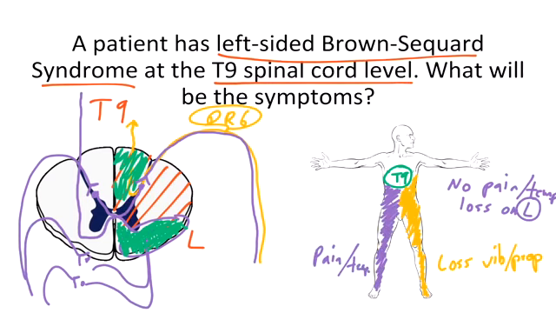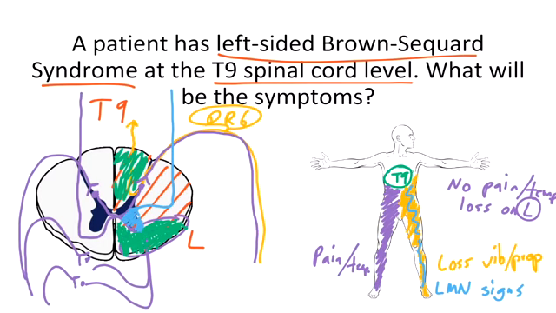Now let's move on to the corticospinal tract. If the anterior horn of the gray matter is damaged, so this region here, then the patient would demonstrate lower motor neuron lesion signs on the ipsilateral side at the T9 level. So everything through here would demonstrate lower motor neuron signs because every axon traveling down on this ipsilateral side would not be able to synapse appropriately with the anterior horn.